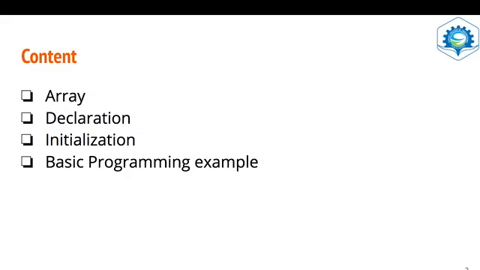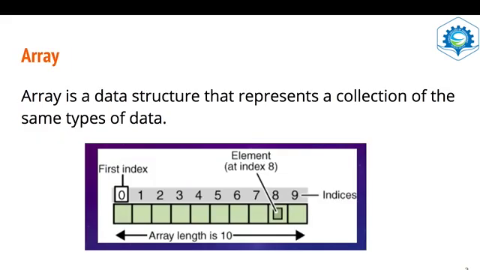Okay, so what do you mean by array? And what is the need of array? See, you have already learned about the basic data types, right? int, char, float, etc. So in order to store a particular data item, we can use those data types, right?